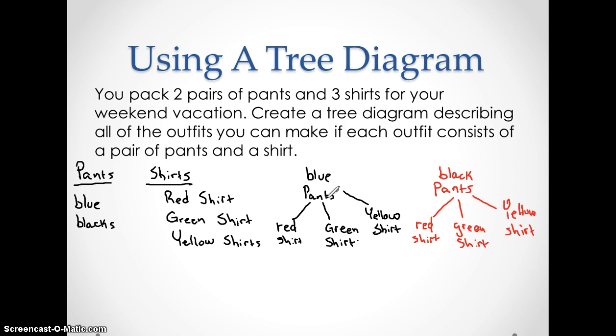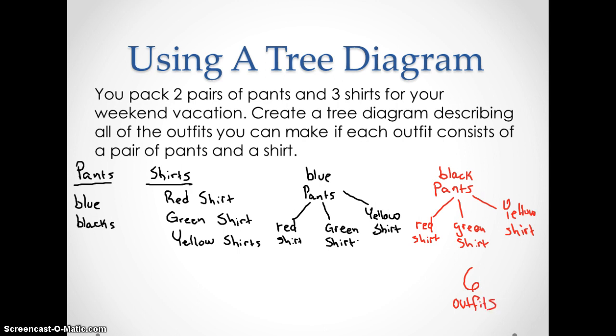It shows the branches between each item. So you have these combinations, these outfits of blue pants, red shirt, blue pants, green shirt, blue pants, yellow shirt. You also have black pants, red shirt, black pants, green shirt, black pants, yellow shirt, which is a total of 6 outfits total. I keep saying that. But 6 outfits.